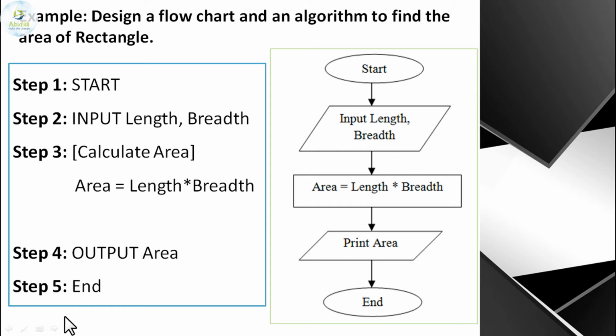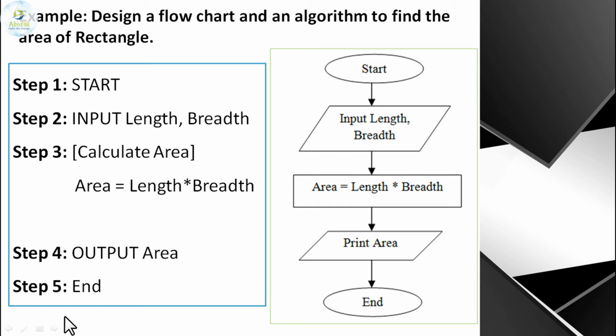So area = length * breadth. The multiplication symbol is like this in the computer, not the cross symbol. After calculating, we display the result, that is output area or print area. Both are the same. Then all the steps have come to an end, so step number 5, or step number n, will be the end of the algorithm.